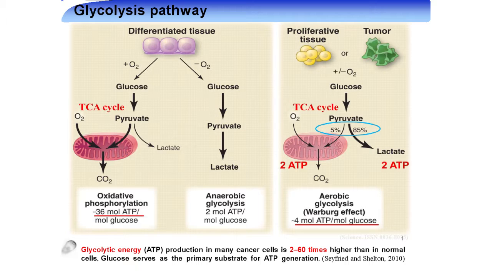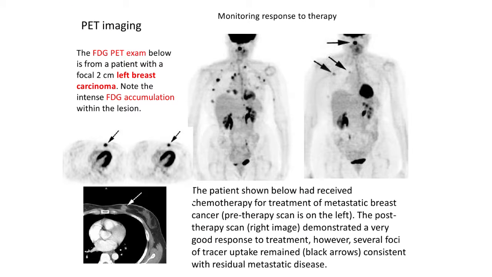That's limited to only 2 ATP as compared with 36. From PET image, it is well established already. They use radioactive glucose.